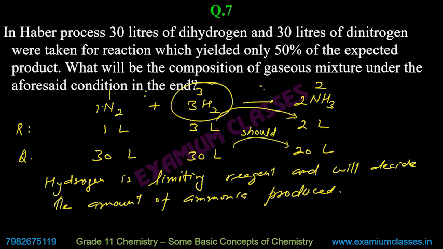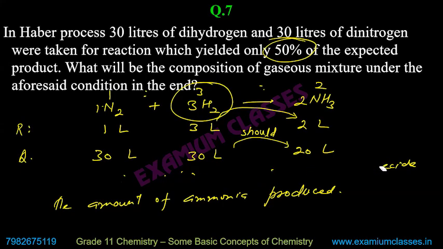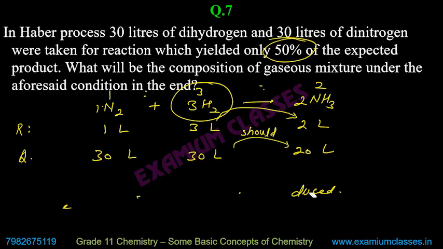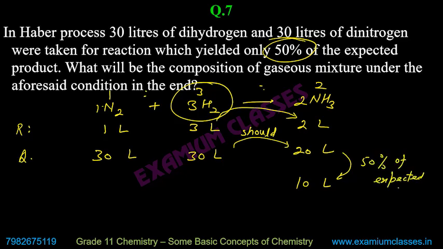But the question says it is only 50% of the expected value. It means instead of 20 liters, we get only 10 liters, half of it. 50% of expected. We got only 10.